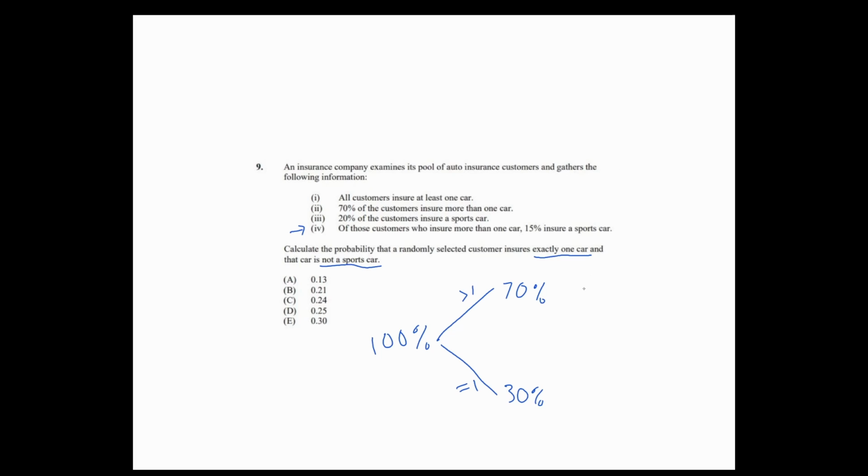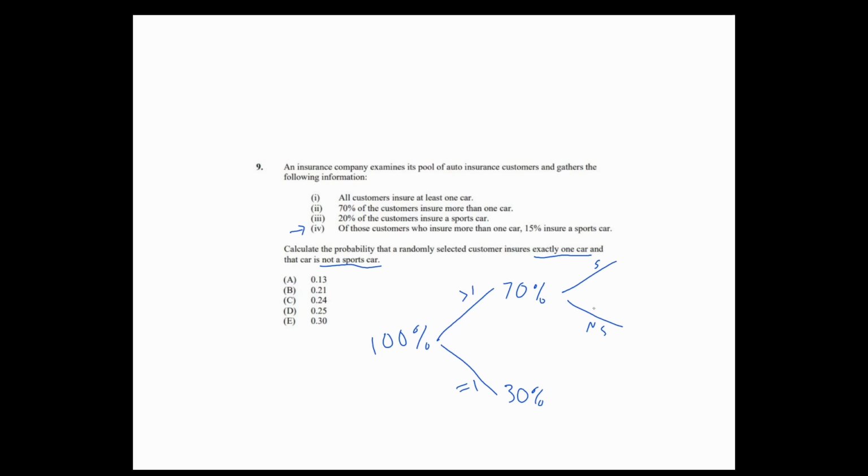Now let's branch out even further. This is going to be sports car, and this is going to be no sports car. Top is sports, bottom is no sports car. Let's go with the top one first.